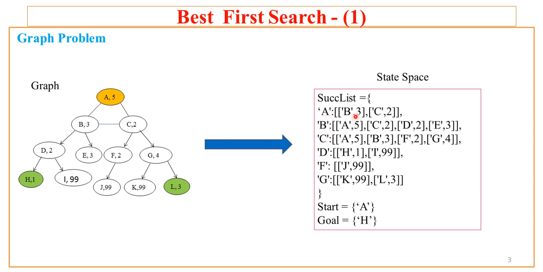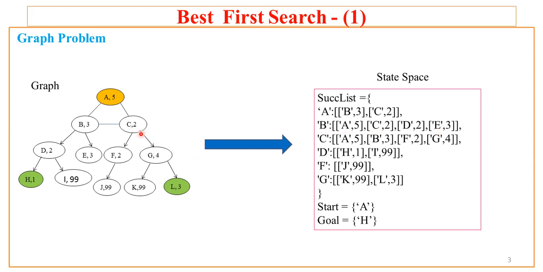So A is the key, and the value is a list of B and C, each enclosed in a list. So this is a list of lists. This list of lists represents the value of the key A, and that value is nothing but the list of successors.